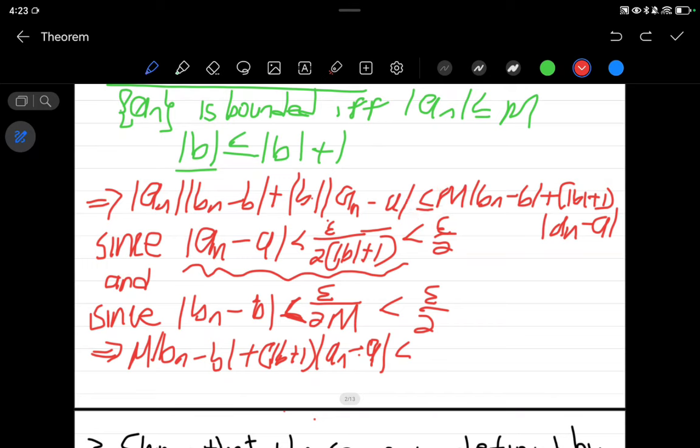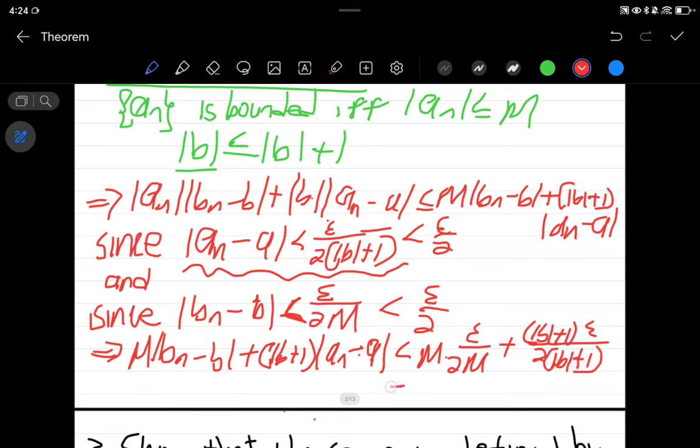You'll see on the other PDF which I sent, I've structured them well. Here I'm just explaining, so I need to include some things which I didn't include in that PDF. So this is less than m times e over 2m, plus the absolute value of b plus 1 times e over 2 times the absolute value of b plus 1.